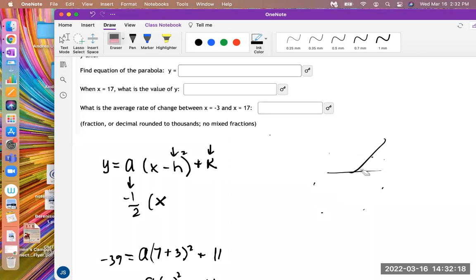How steep the sides are. So the a, h, and k are all describing specific characteristics about the parabola.